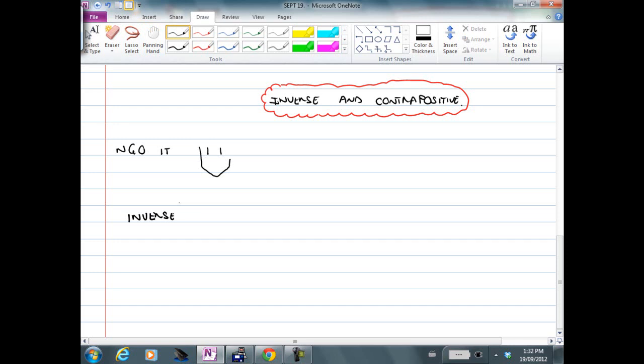Inverse. Here's inverse. Inverse is a statement. I'll give you the textbook definition and I'll explain to you what it means. A statement that is formed by negating, oh, here's the key word, negating both hypothesis and conclusion. See, the textbook is, I don't know, very technical. I'm going to explain to you in plain English in a second.